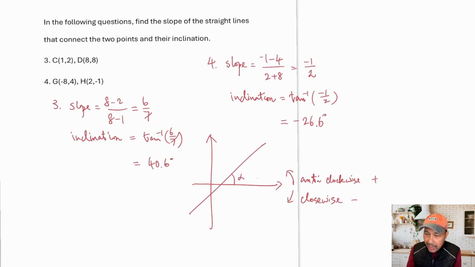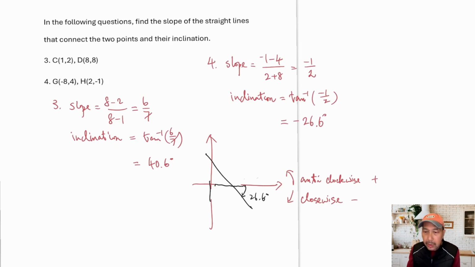Here we have a negative 26.6 degrees, and the diagram should be like this. 26.6 degrees refers to the inclination below the x-axis.